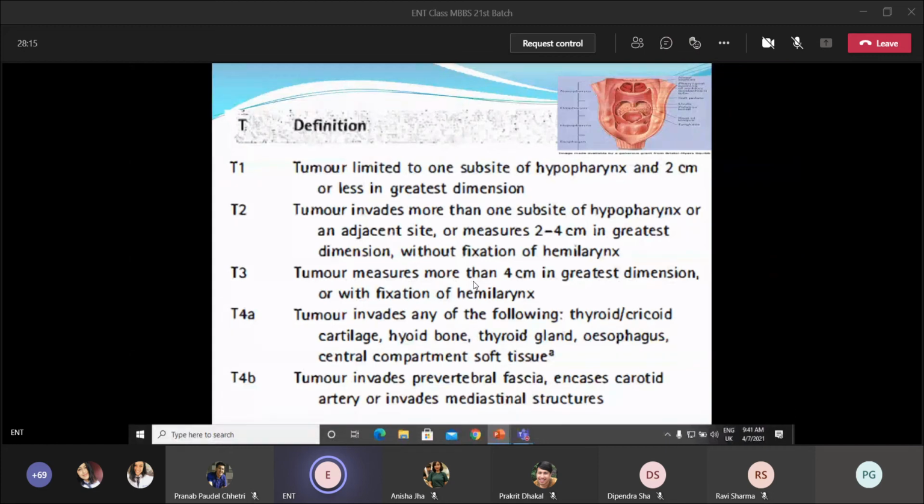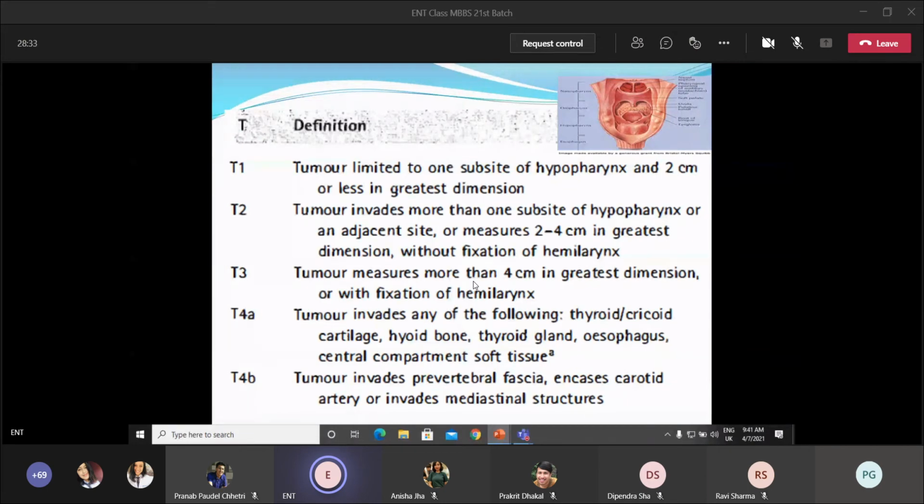T3, if it is more than 4 centimeter, or if the hemilarynx is fixed. That means if half of the larynx is fixed and one side of vocal cord is not moving. Okay, T4 is divided as 4A and 4B.